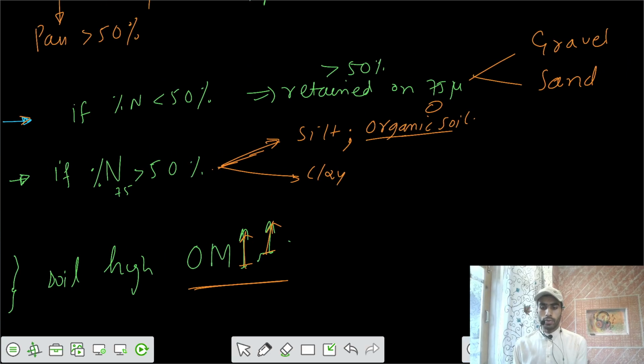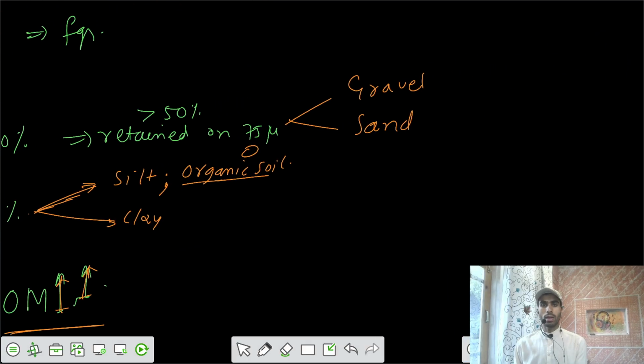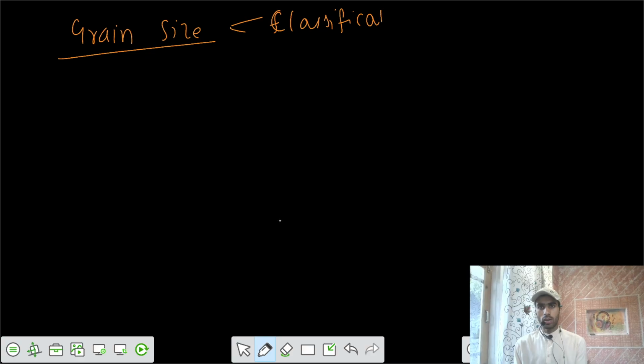So let's go. Here we have basic soil classification on the basis of size. If we talk about the grain size, from that also we can say there is some classification. We have touched it earlier. Now let's say that your grain size is in the range 80 millimeter to 4.75 millimeters.